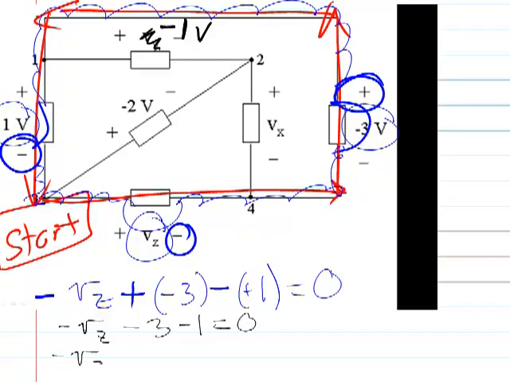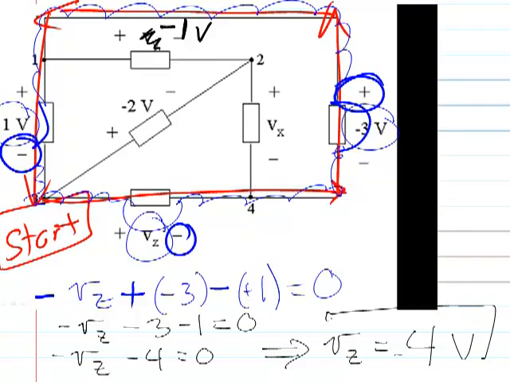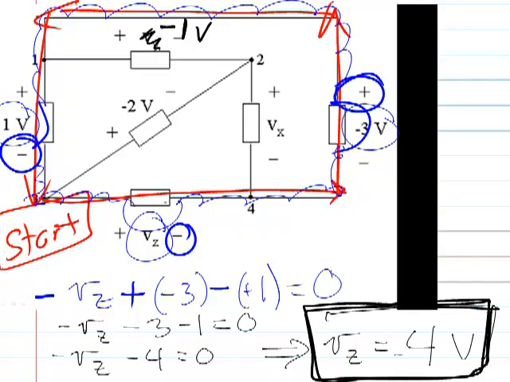So negative Vz minus 4 is equal to 0. And therefore, most fabulously, we discover that Vz is equal to -4 volts. Okay, so everywhere we have Vz, we can now write -4 volts.